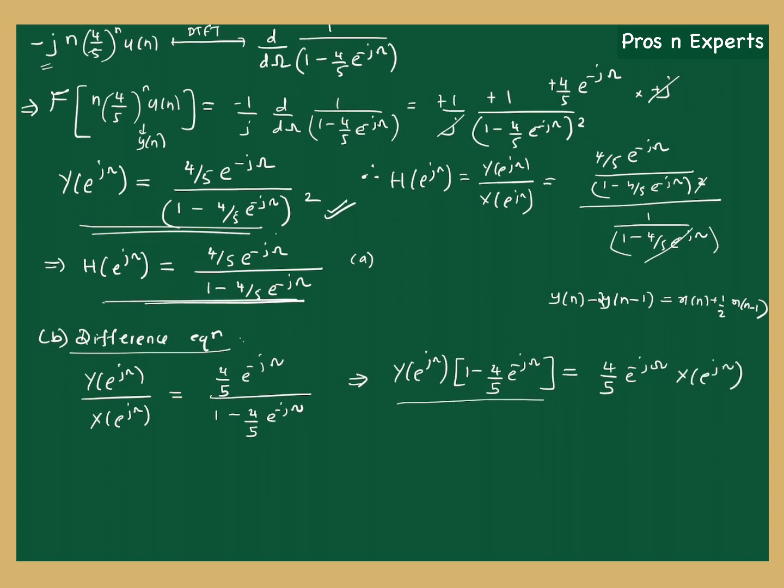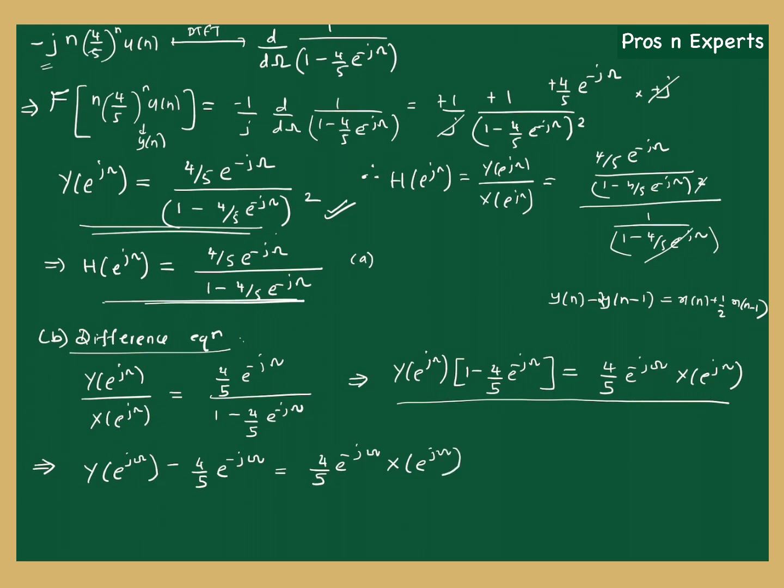So we got an equation like this, and now I can take one more step to bring Y of e raised to j omega into the bracket. That implies Y of e raised to j omega minus 4 by 5 e raised to minus j omega Y of e raised to j omega will be equal to 4 by 5 e raised to minus j omega into X of e raised to j omega.